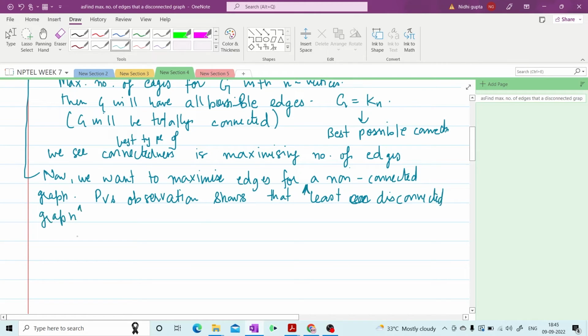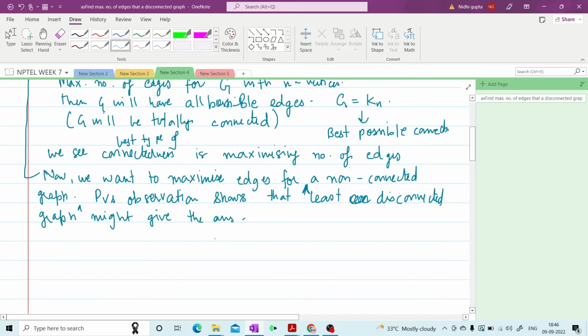By least connected graph I mean a graph which is forced to have disconnection, which might give the answer.